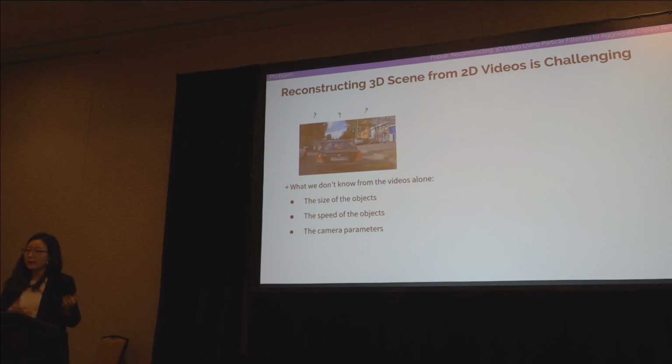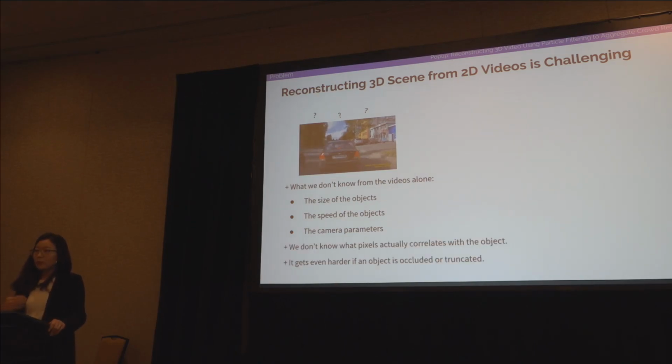For example, the size of the objects, or the speed of the objects, or the camera parameters like focal length. These aren't in the raw video data. And also, we don't know what pixels correlate with the objects and what correlate with the background. It gets even harder if the objects that we are interested in are occluded or truncated.